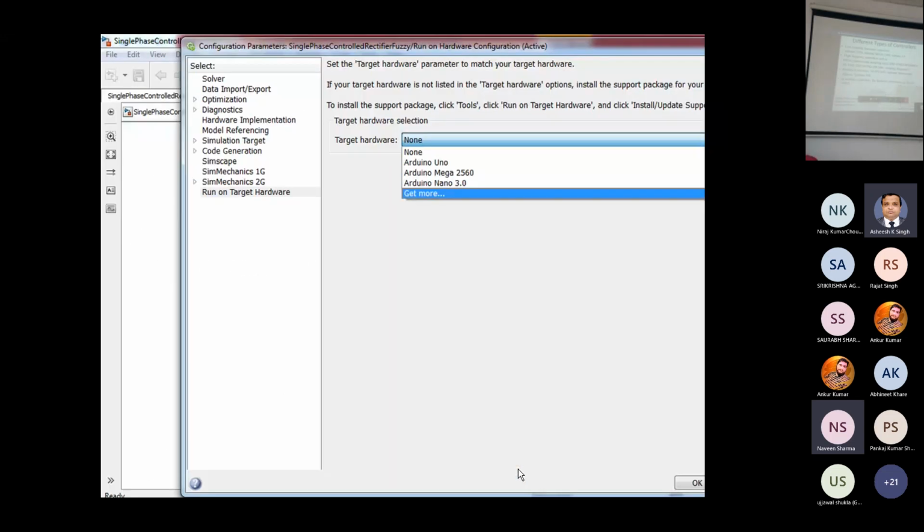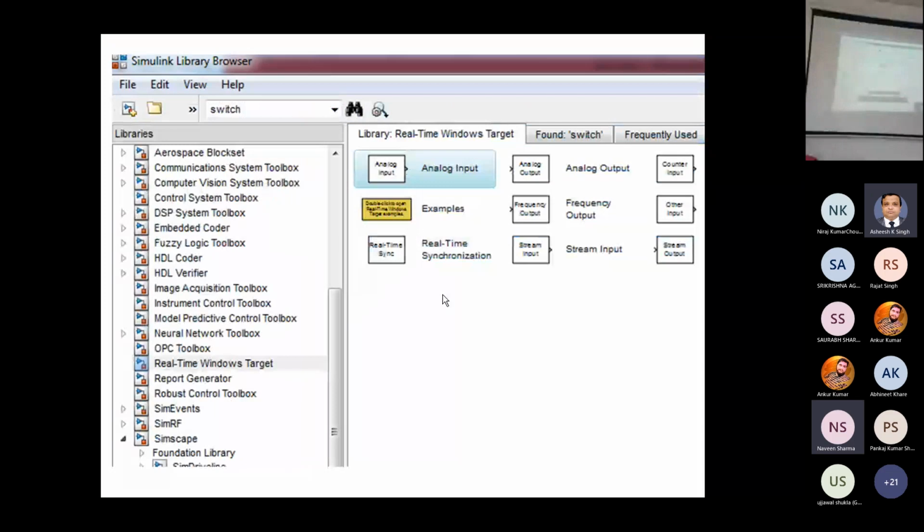Now we see how the different controllers are available here. When we run on target, we select run on target, and we can see the connected controller. Suppose we have connected the Arduino, then these will be available, otherwise these points will not be available.